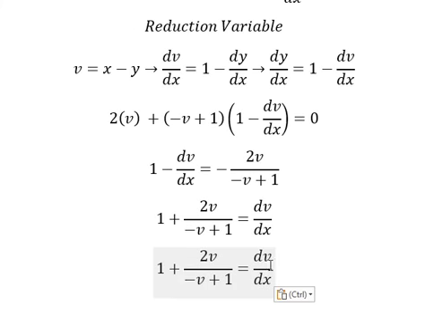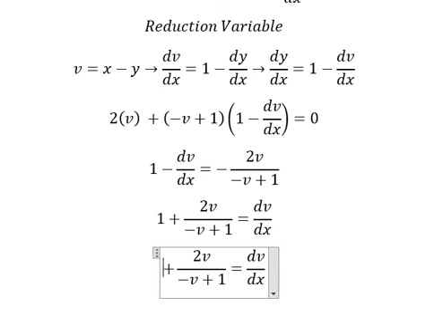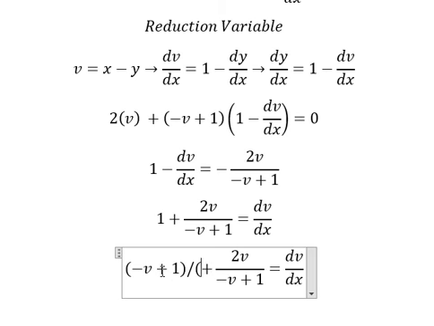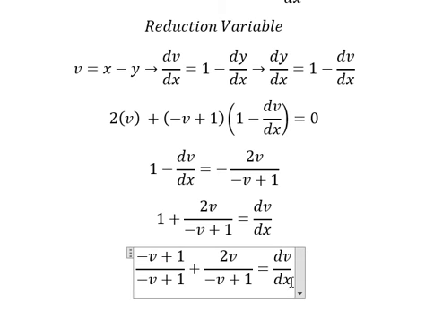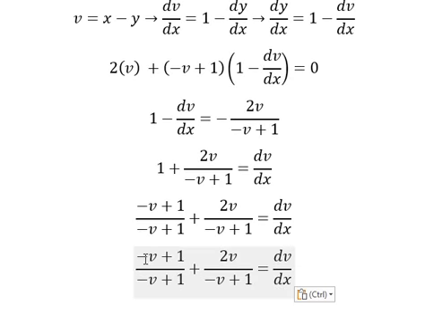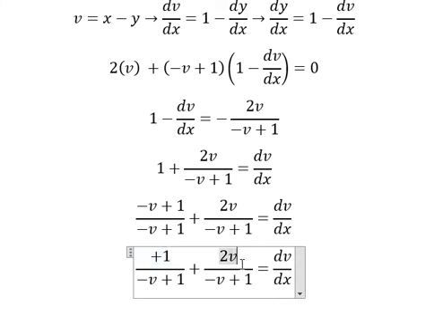Next, we can do the common denominator. So 2v plus negative v, so we have positive v in here. And we put number 1 going here.